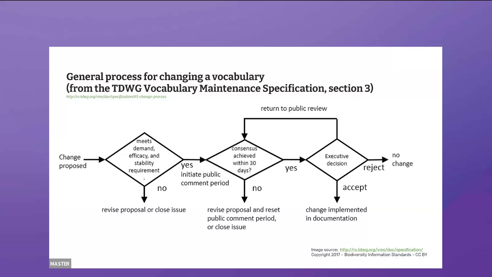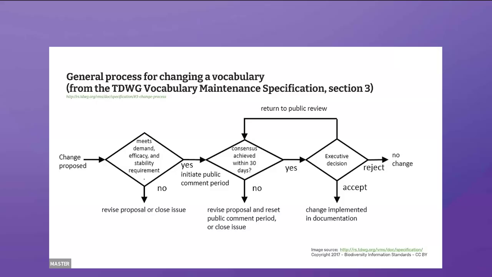The overall process of making changes to a TADWIG vocabulary is governed by the vocabulary maintenance specification and is summarized in this diagram. Any person or group may propose changes or additions. Periodically, the maintenance group responsible for the vocabulary will review proposals in light of 3 criteria: demand by the community, efficacy to meet an identified need, and whether the change will maintain stability of existing implementations.